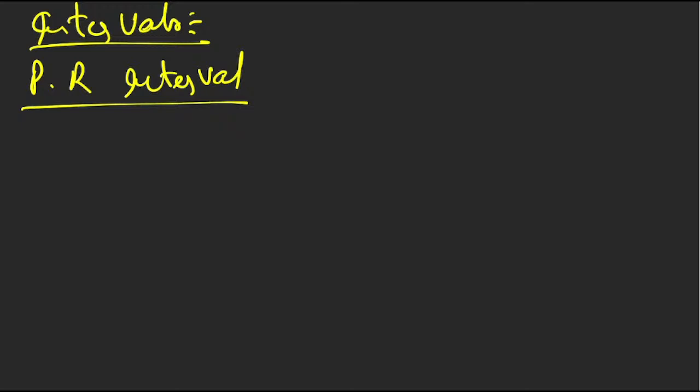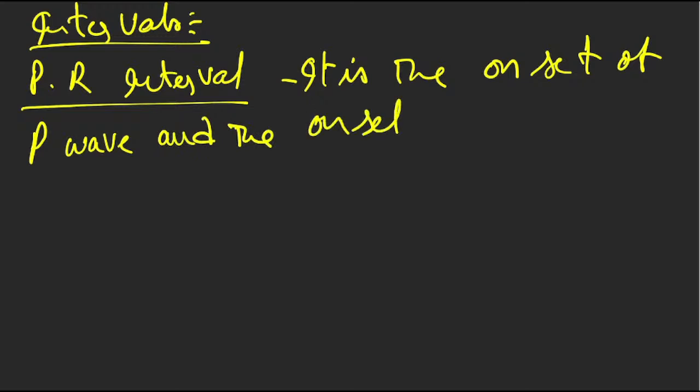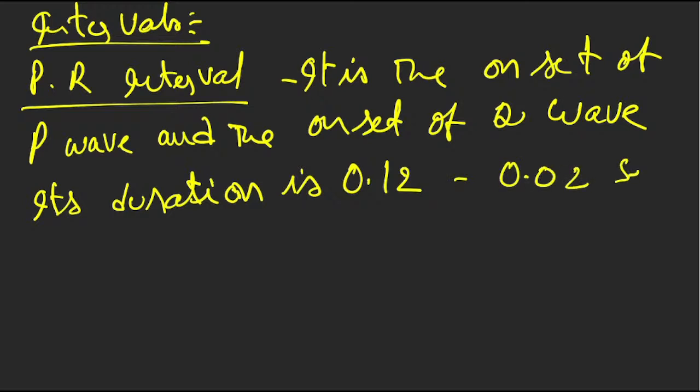It is the interval between the onset of P wave and the onset of Q wave. Its duration is 0.12 to 0.2 seconds.